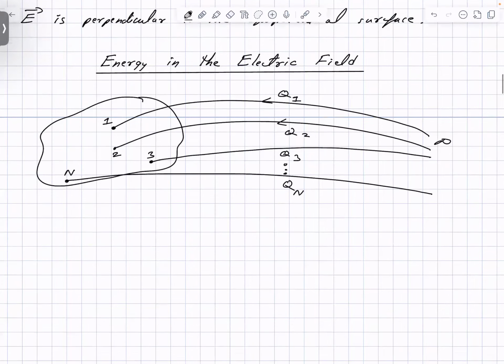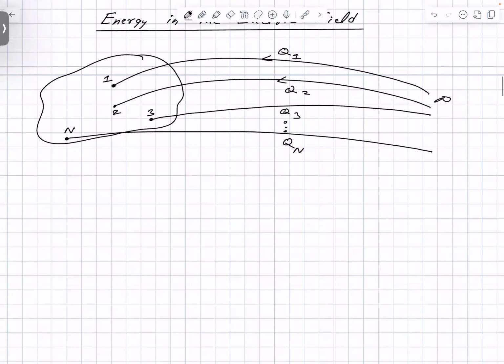work done will be non-zero, and we can write that as work done in placing Q2 at point 2. This is a simple derivation.